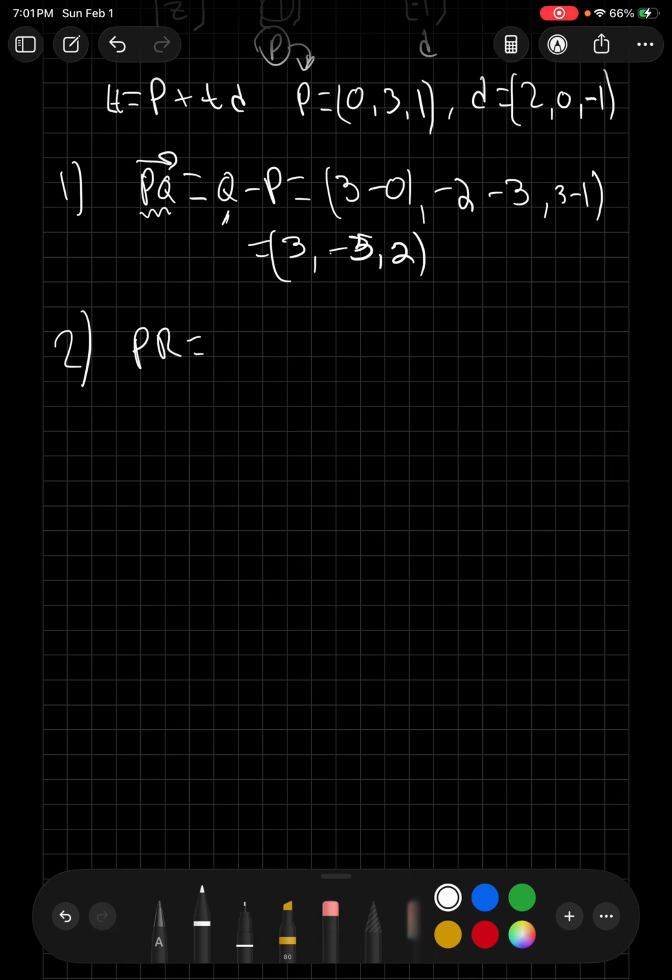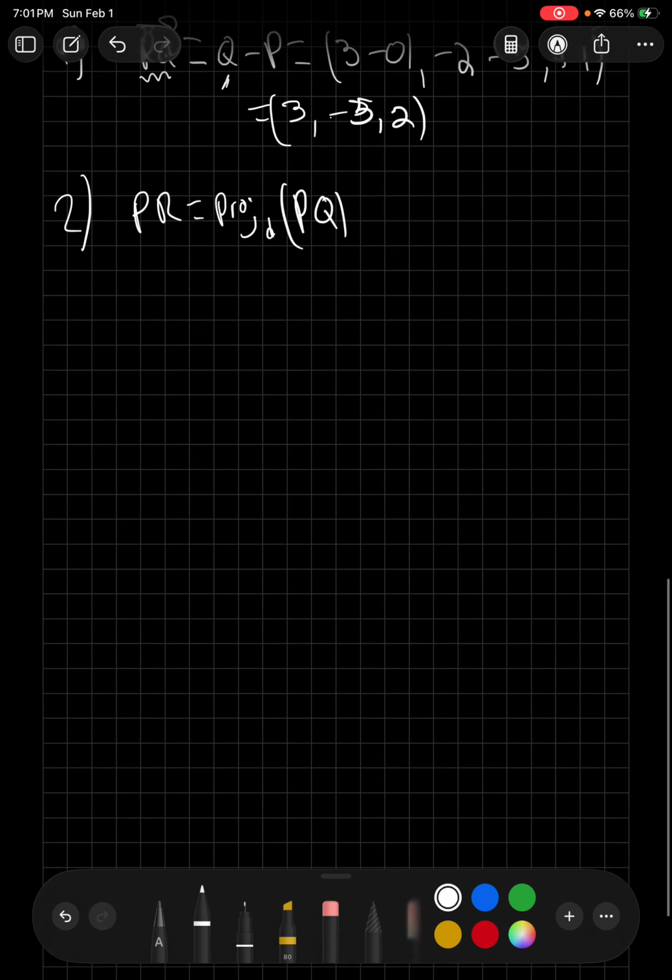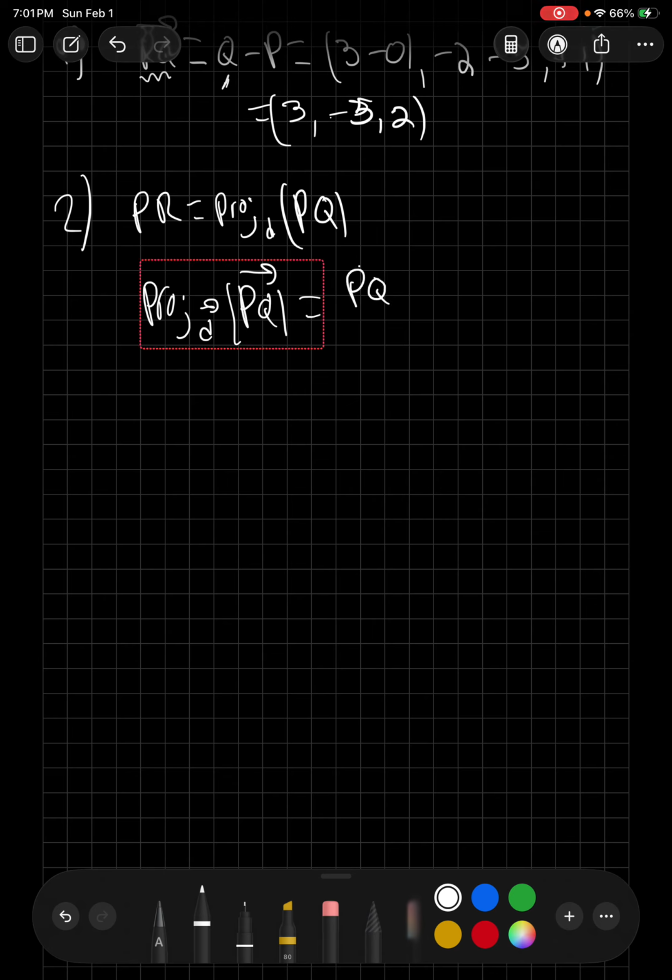PR is the projection of PQ onto D. And same formula as before.